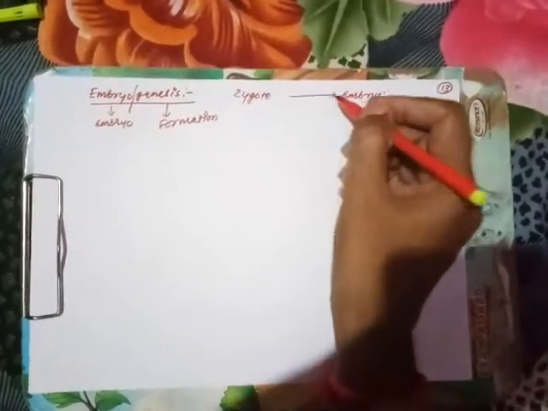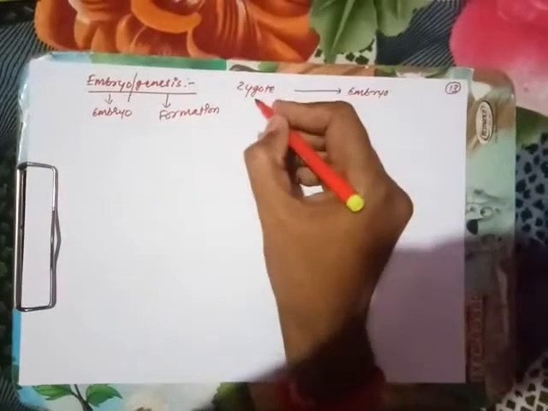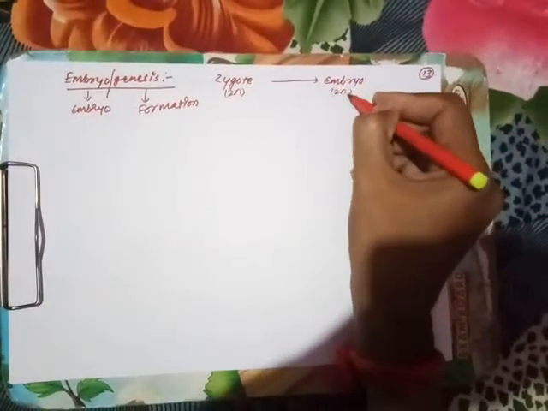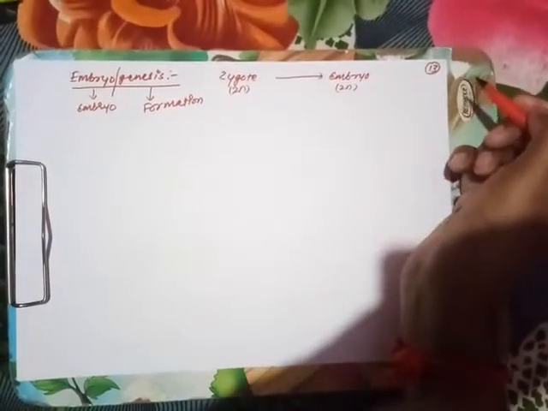Are you getting my point? The zygote which is formed and is a diploid structure is getting converted in the form of a diploid embryo, called embryogenesis. How does embryogenesis occur?